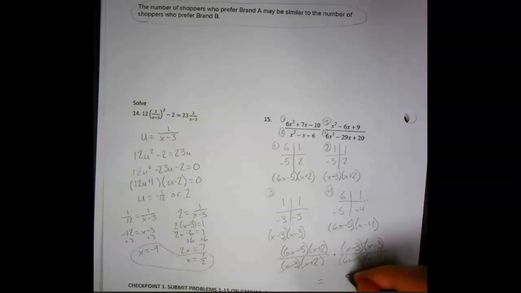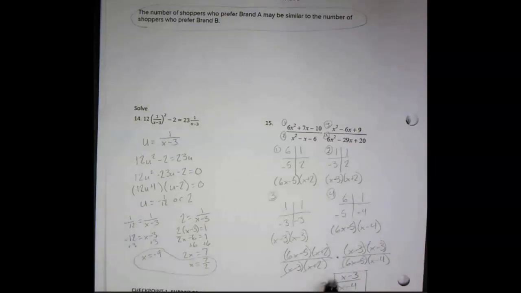And we're left with x minus 3 over x minus 4. And that is tonight's homework.